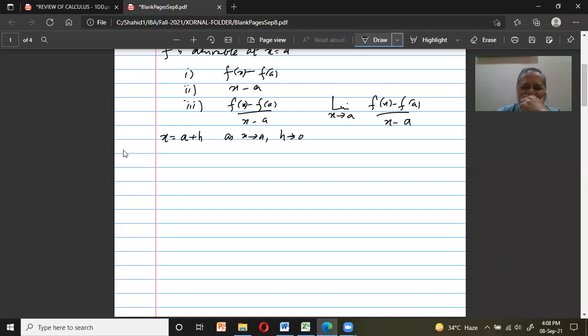So this will change to another limit: instead of x approaches a, h approaches 0. Wherever there is x, you write a plus h or a minus h, so f(a plus h) or f(a minus h) minus f(a), divided by a plus h or a minus h minus a, so that a cancels.